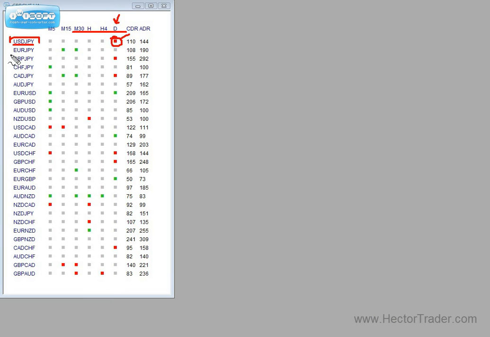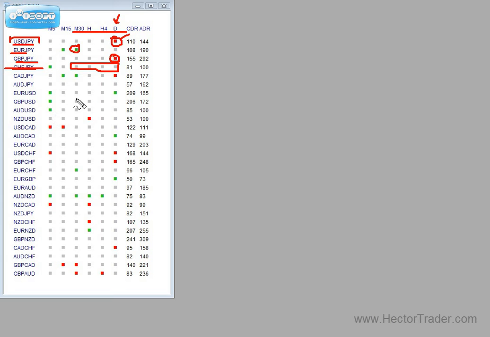Then I keep on reading down. The euro against the Japanese yen is showing a green square on the 30 minutes time frame. Then we might see some long opportunities there. GBP against the Japanese yen is also downtrending on the daily. There is no trading opportunity on the CHF against the Japanese yen. As you can see, all of them are remaining gray, so I'm not particularly interested in trading the CHF against the Japanese yen today.